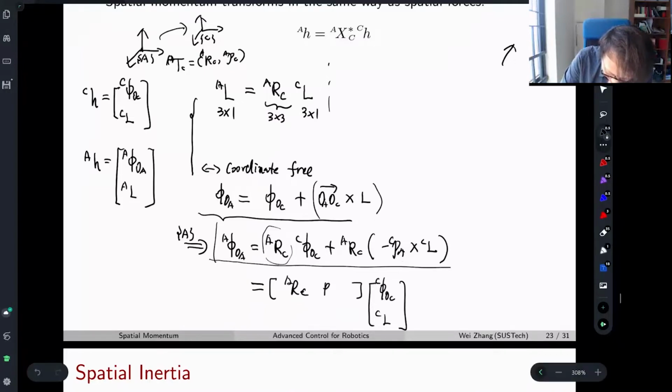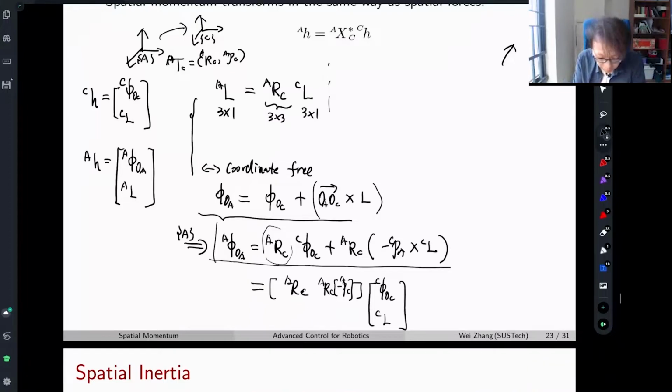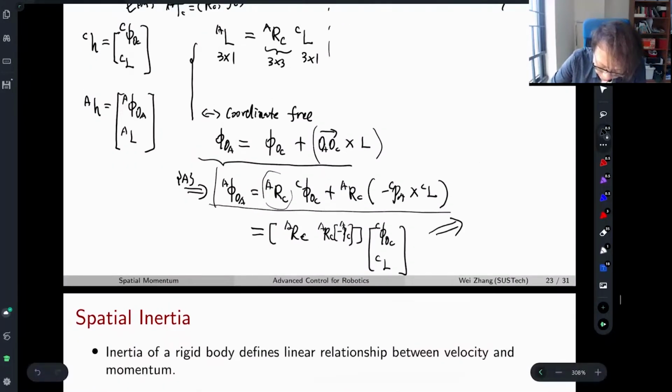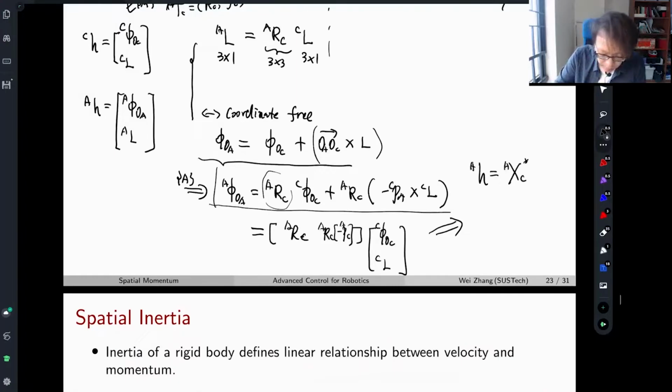This becomes RCA, negative PCA skew symmetric. I have this in the second row, and the first row. So overall, let me skip that step. Overall, H in A equals the change of coordinate from C to A star, the change of coordinate for the force matrix, which has exactly the same expression as the change of coordinate for the momentum, times H in C. Okay.